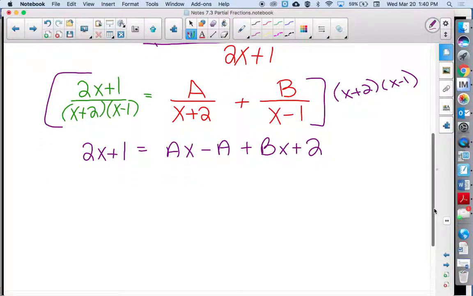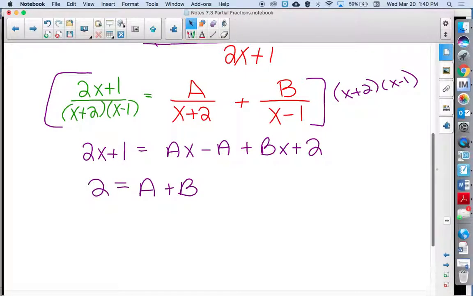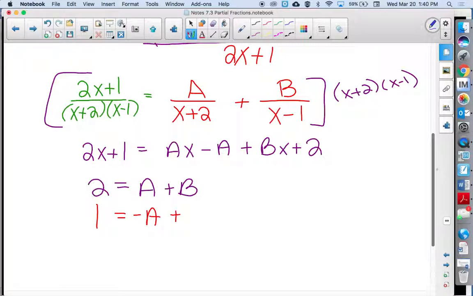So the next step would be to pair your values together. Get the x coefficient with the x coefficients. So x coefficient of 2, x coefficients a plus b. Take our constant value of 1, place that equal to the constant values of negative a, and 2b.